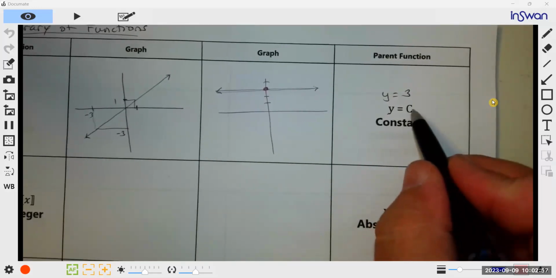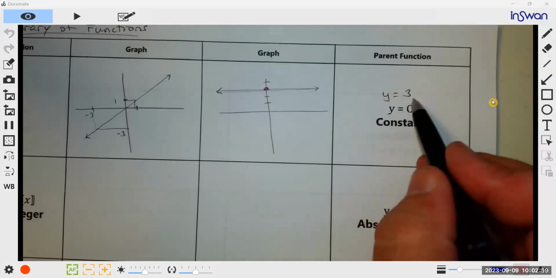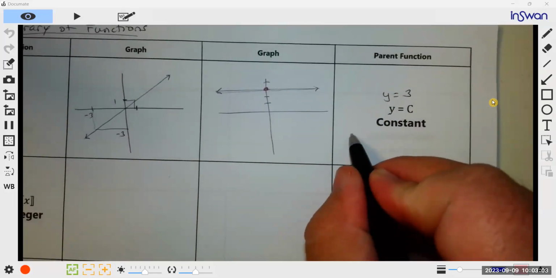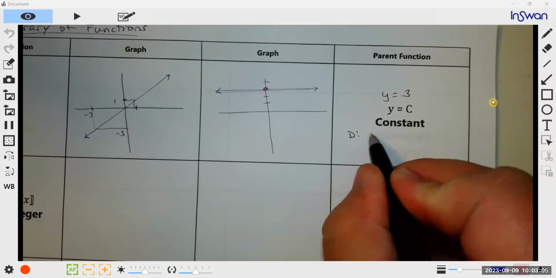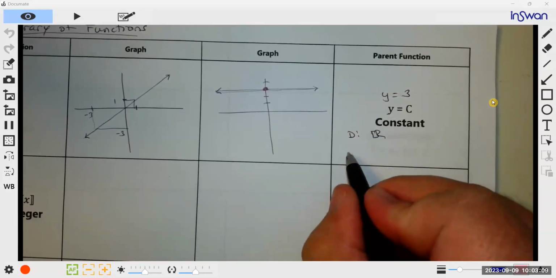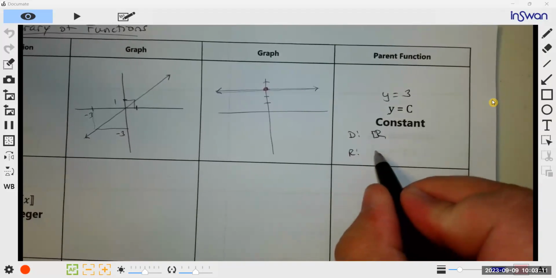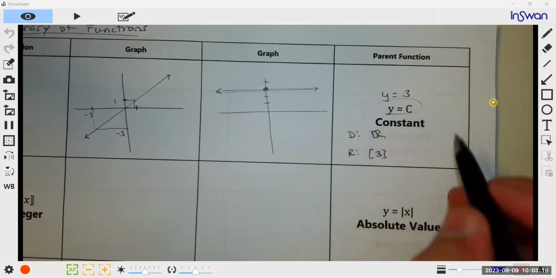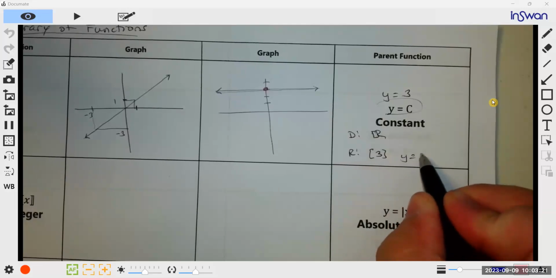So the graph of a constant function, y equals some number, is always a horizontal line. The domain is all real numbers. The range is only at 3. In this case, it's y equals whatever the value is.